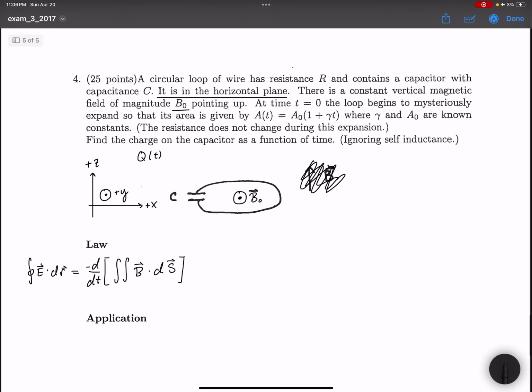Or in other words, the current in the loop induced by the magnetic field at time equals 0 is going to be in this direction around the loop. And so we can say that this is I induced, and at time equals 0, when it's being created by the magnetic field, it's going to be charging the top plate of the capacitor, making the bottom plate negative. Okay, perfect. Now we can start the problem.